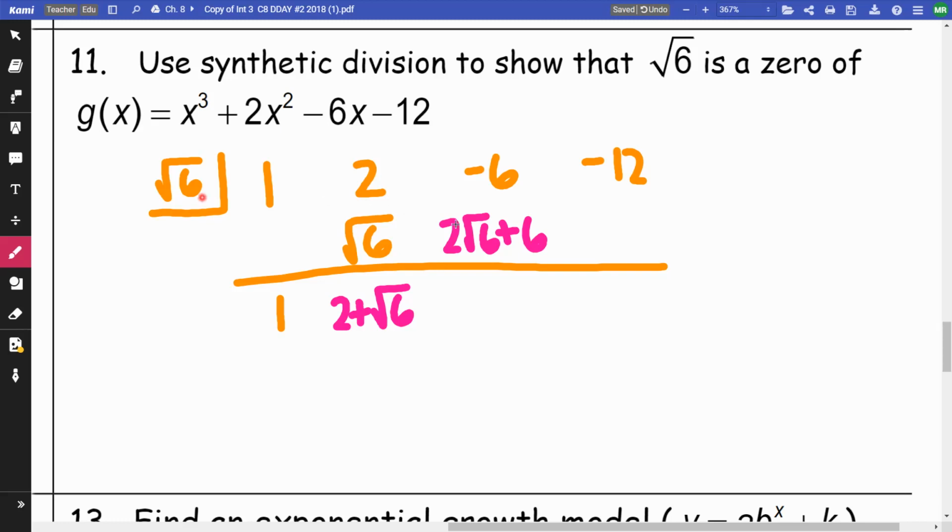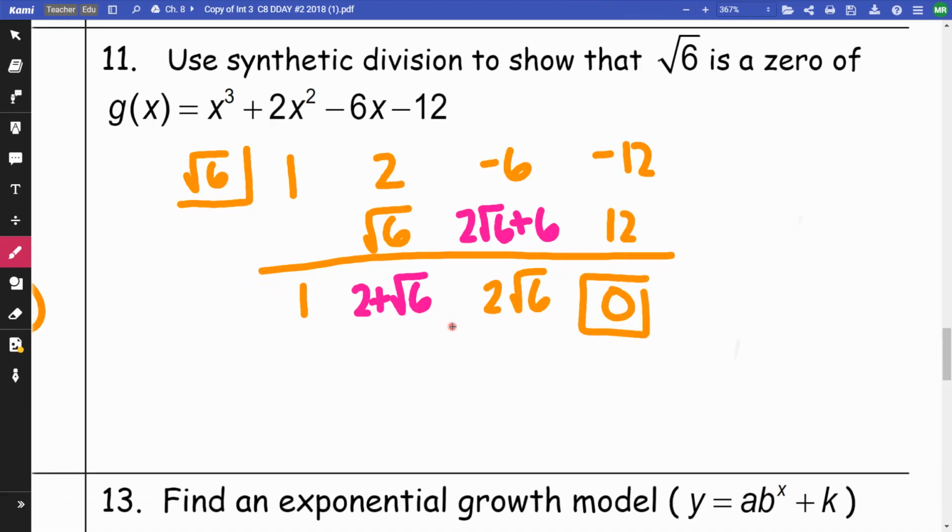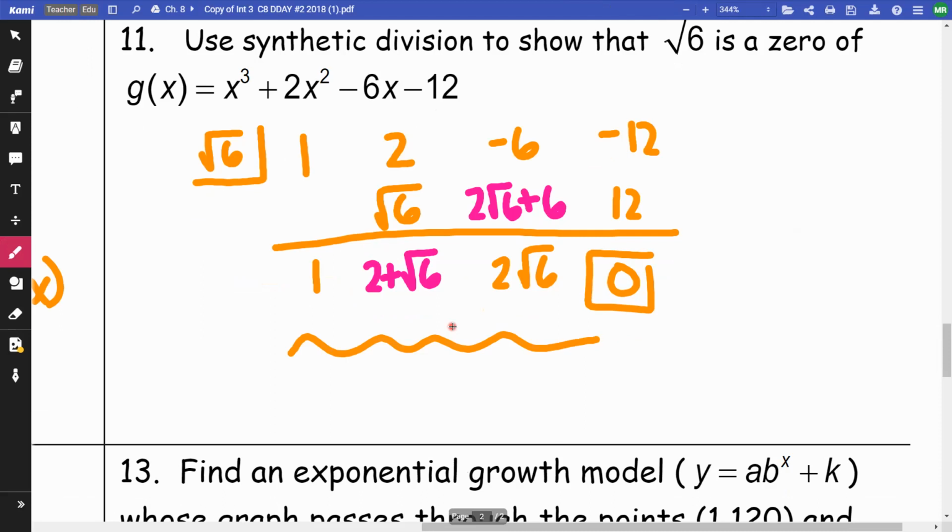Root 6 times root 6 is a 6. When I add this, those are going to cancel out, and I'm just going to be getting a 2 root 6. And when I take 2 root 6 times root 6, my root 6 times my root 6 is a 6, times the 2, I get a 12. I got a 0. But you need to show the work.